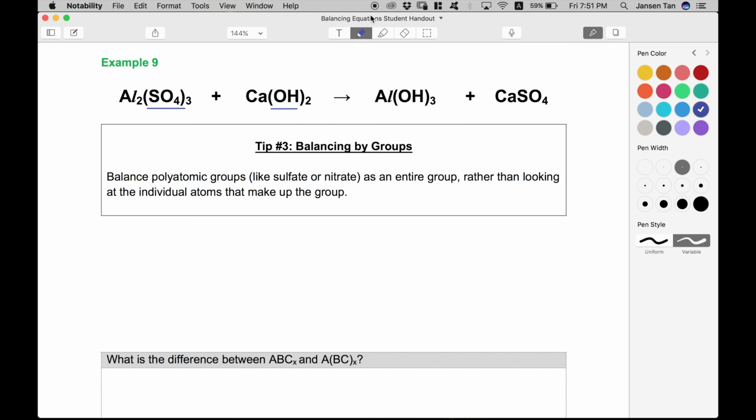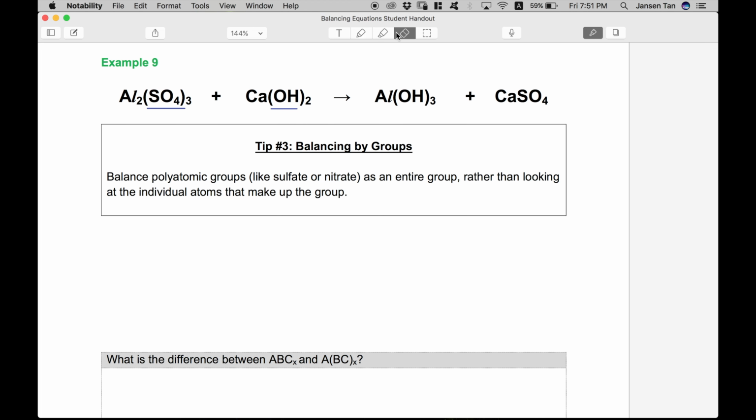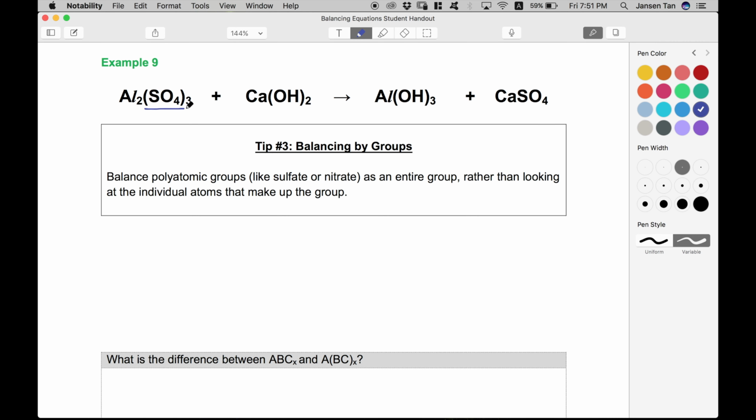So we begin by balancing sulfate. Instead of looking at individual atoms, we look at groups of atoms. So on the left, I have 3 sulfates. On the right, I have 1. So I can put a 3 here. Then we balance calcium. 3 here. So there must be 3 here, right?